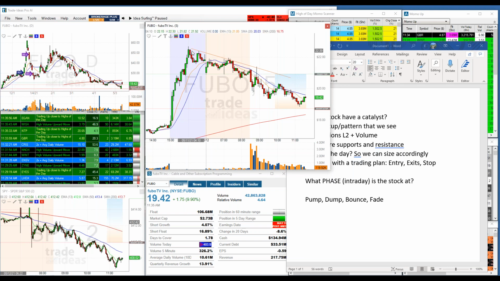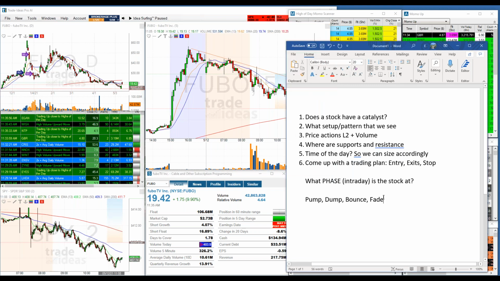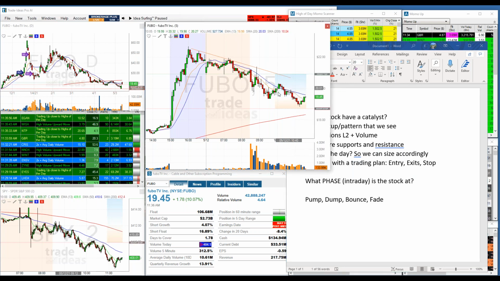So what phases? We got a pump, the dump, and we're looking for the bounce. If the bounce doesn't happen, most likely we're going to go to the next phase, which is the fade. So the question is, if we see this, why should we take another long trade in here? Unless you scalp it.